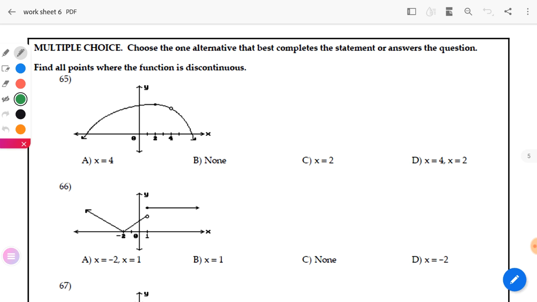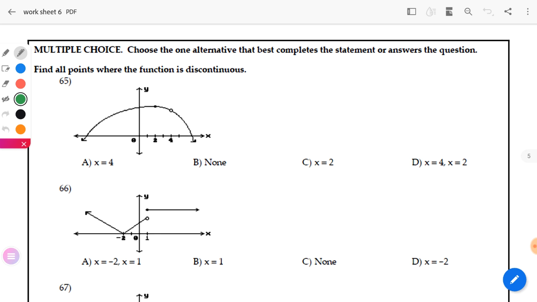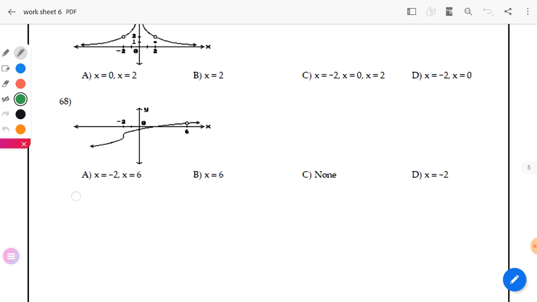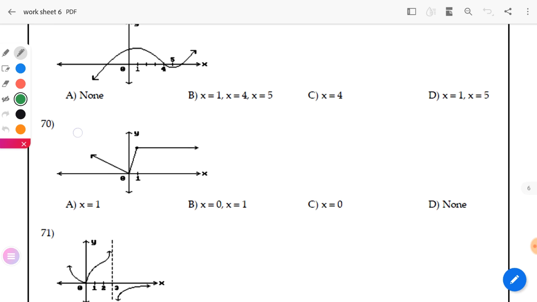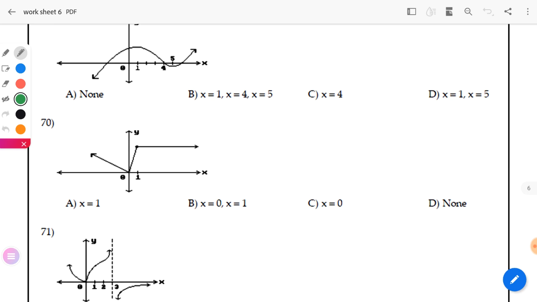Here, find all points where the function is discontinuous. Understand? So I have to take the values of x at which we have a hole, a jump, a gap, or unbounded behavior. In the graph, as you see, we don't have any of these cases, so none. I don't have any values of x at which this function is discontinuous.